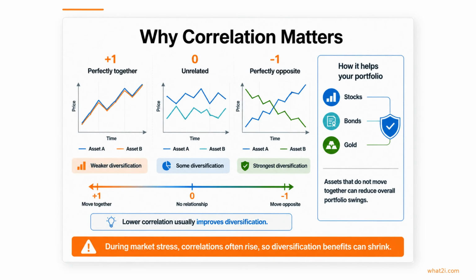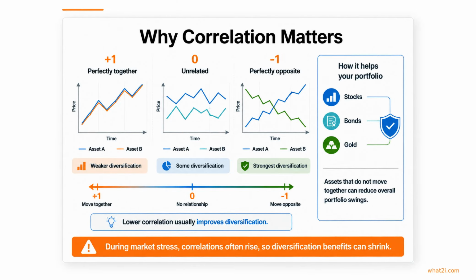Correlation matters because it tells you whether assets tend to rise and fall together, move independently, or offset each other. A correlation of +1 means they move perfectly together, which offers very little diversification benefit. A correlation of 0 means there is no consistent linear relationship, so their movements are less tied.